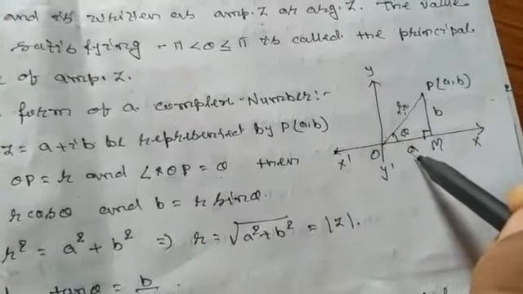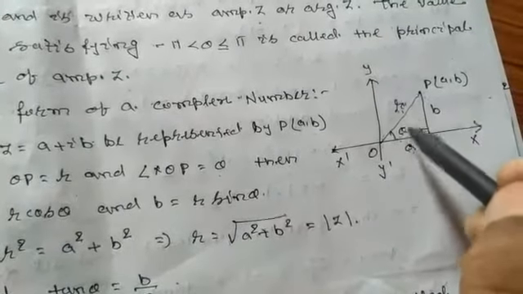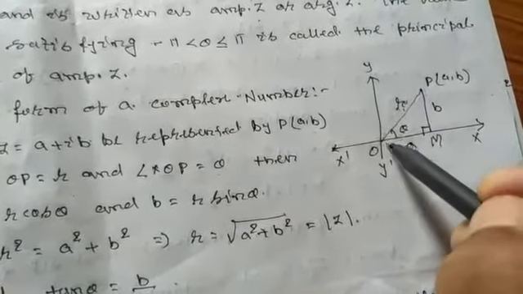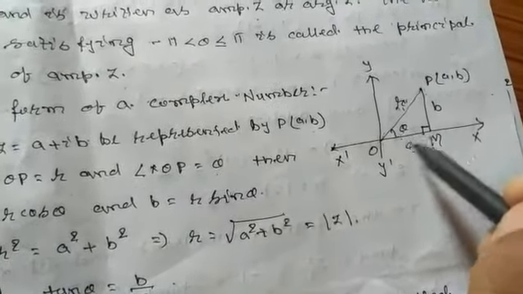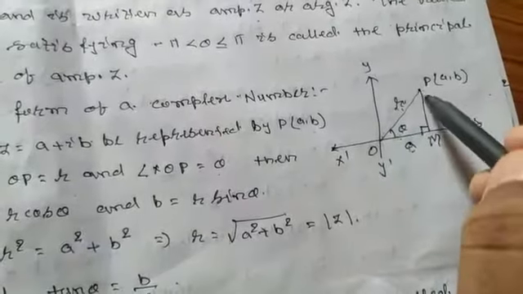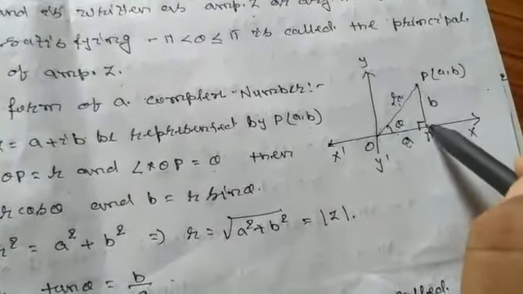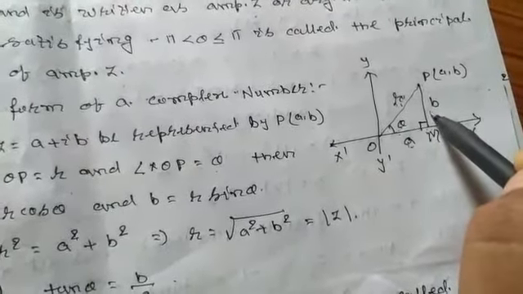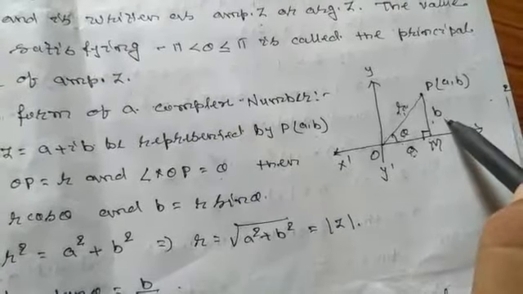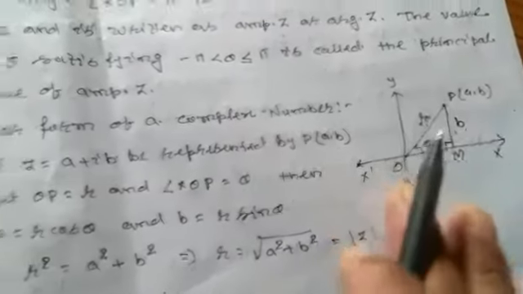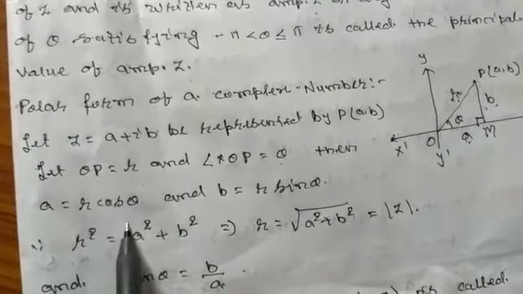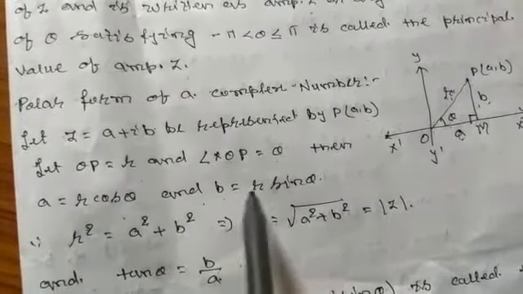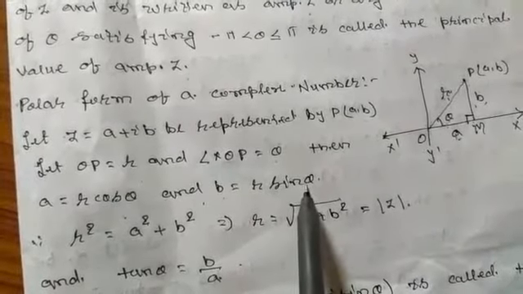So when you cross multiply, you get a equals r cos theta. Similarly, the vertical component represented by b is equal to r sin theta. So here I have written a equals r cos theta and b equals r sin theta.